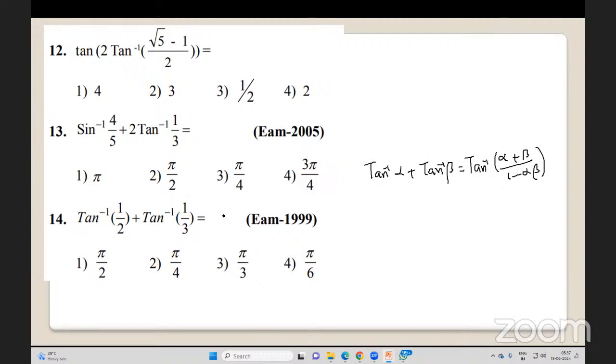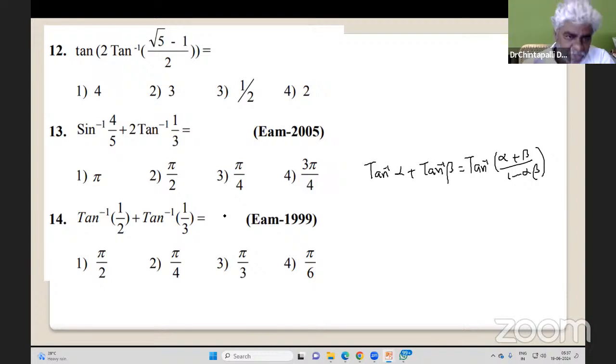Tan inverse of 1 by 2 plus 1 by 3 by 1 minus 1 by 2 into 1 by 3. So is it option 2, pi by 4? Option 2, pi by 4. Very good.